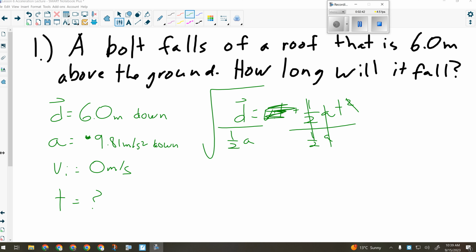Okay. Plug in our numbers. We're looking at 6 meters divided by 1/2 times 9.81. I'm making everything positive here because everything was down, and there's no need for me to make down negative in this situation.